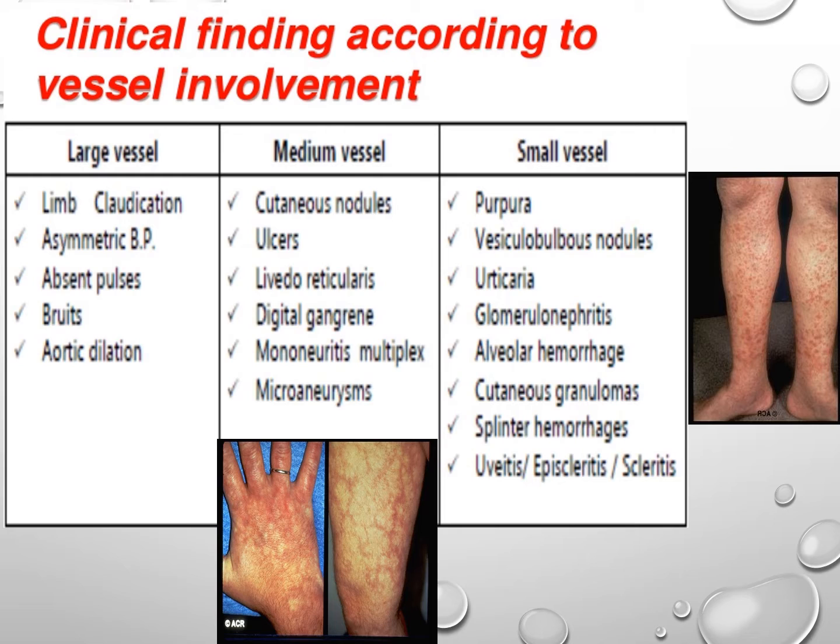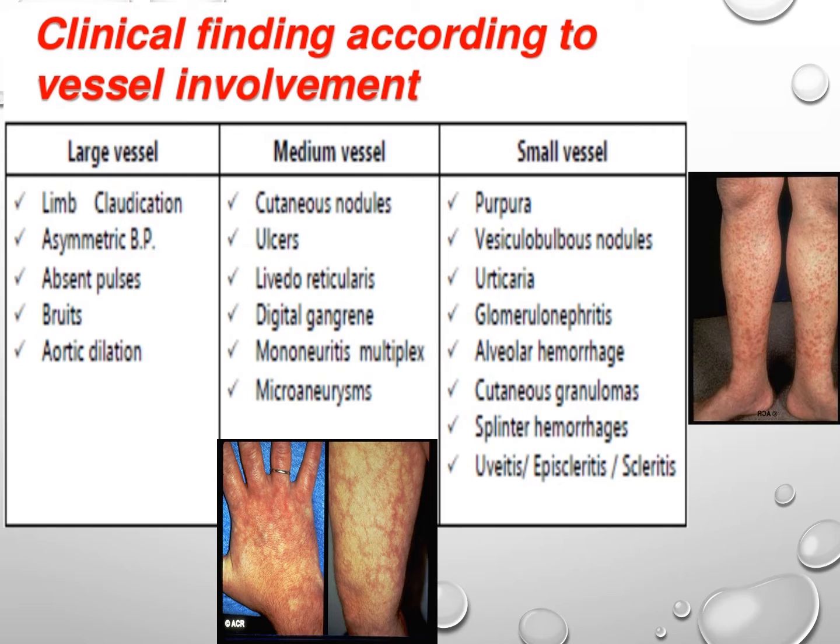However, if the manifestations relate to cutaneous nodules with severe ulcers, livedo reticularis, digital gangrene, mononeuritis multiplex, or microaneurysms in the imaging, then I will think about medium-sized vessel vasculitis.